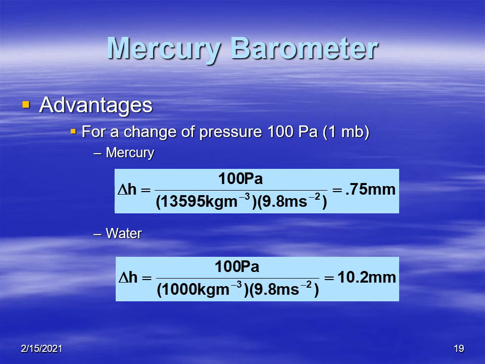If we do this calculation, a change of 1 millibar results in a very small change in the height of the column, only 0.75 millimeters, almost just 1 centimeter. Whereas a 1 millibar change for a water barometer will result in 10.2 millimeters of change, which is significantly more.